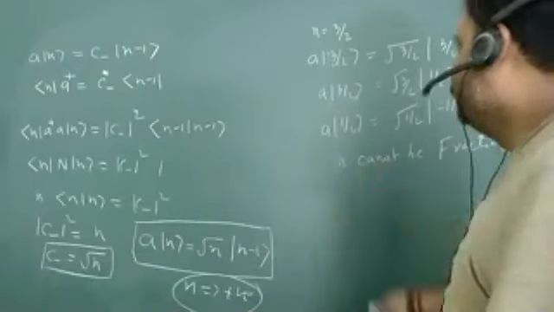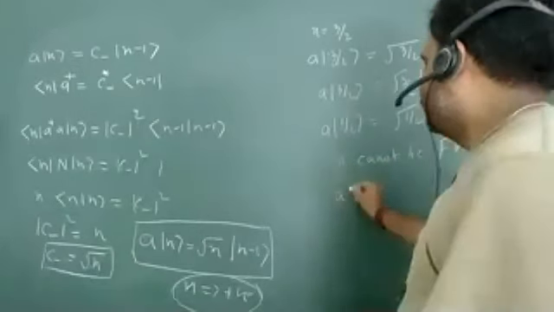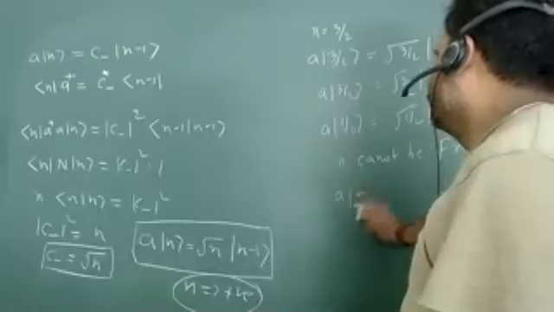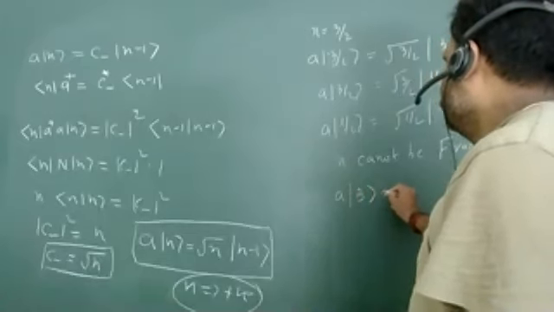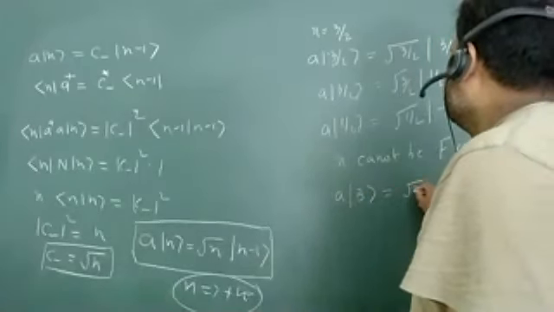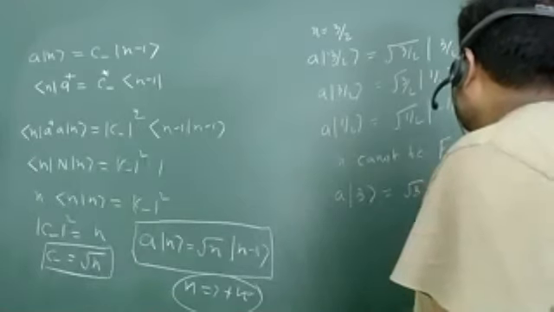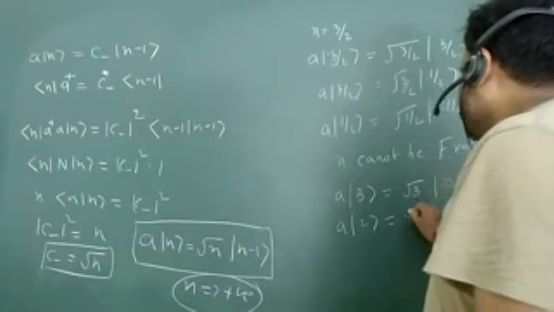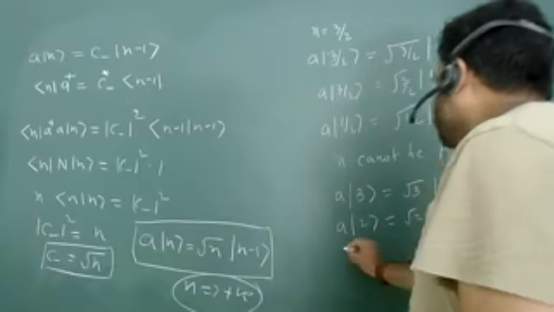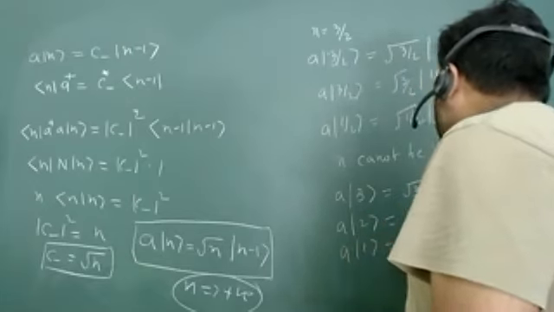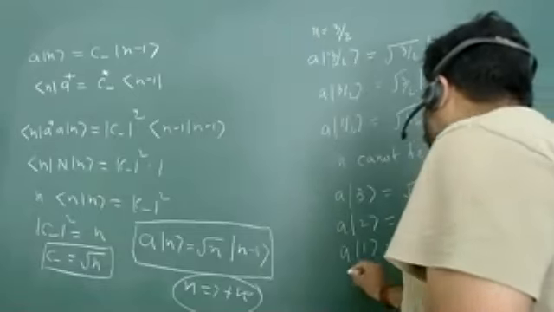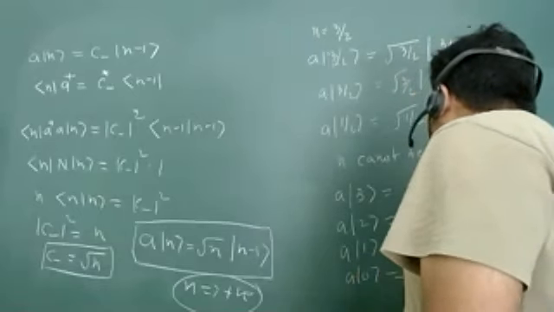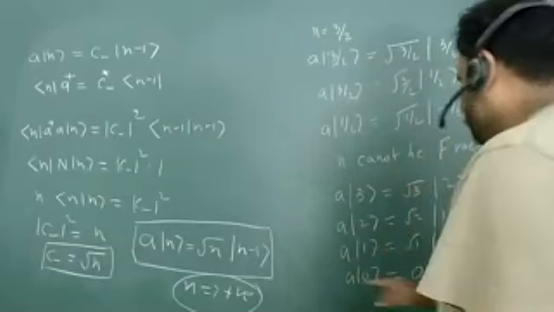Let's say n is an integer. So a will operate on 3, you will get root 3, 2. Once a operates on 2, you will get root 2, 1. A will operate on 1, you will get root 1, 0, and a will operate on 0, you will get nothing, that's 0.